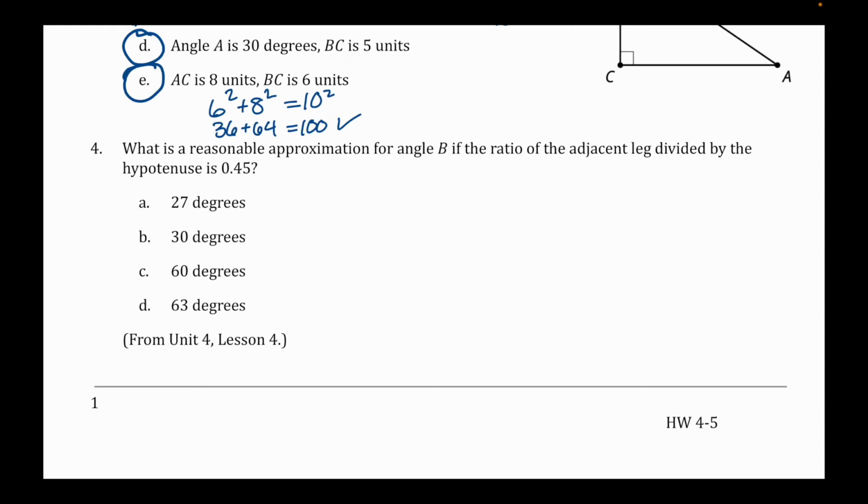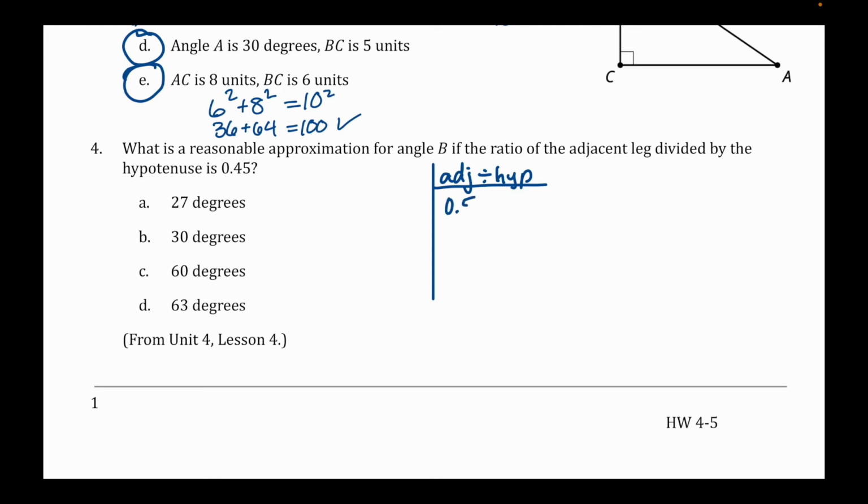And we're going to try to find what is close to 0.45. Now, I have a couple angle measurements here that it's kind of close to, and it's actually going to be like in between.